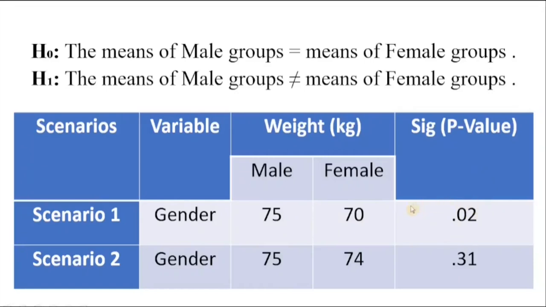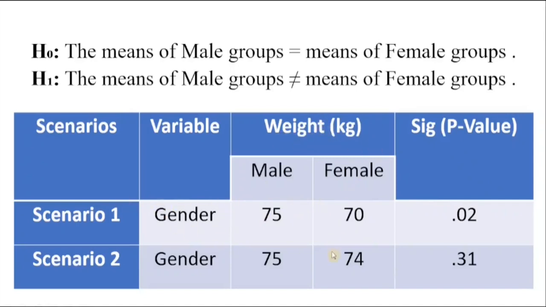Now, according to the general rule, if the p-value is less than or equal to 0.05, it indicates there is a statistically significant difference. As you can see, the p-value is 0.02, and this is less than the standard significance threshold of 0.05. This therefore would imply that there is statistically significant evidence to conclude that the average weight of males is different from that of females in scenario 1 sample, meaning that gender has a significant effect on weight.